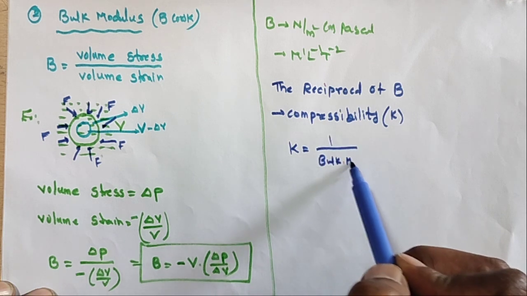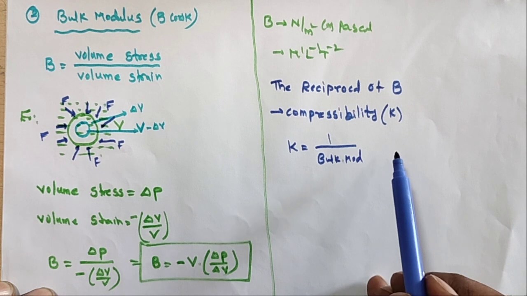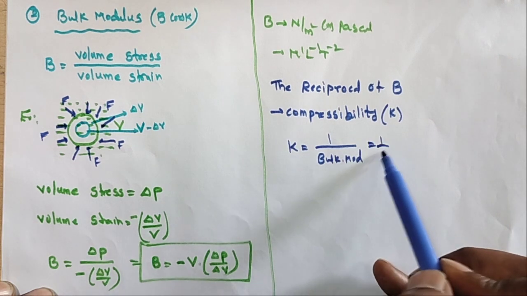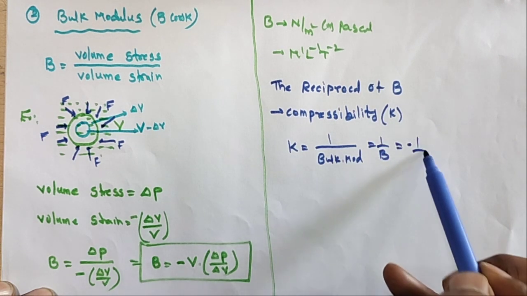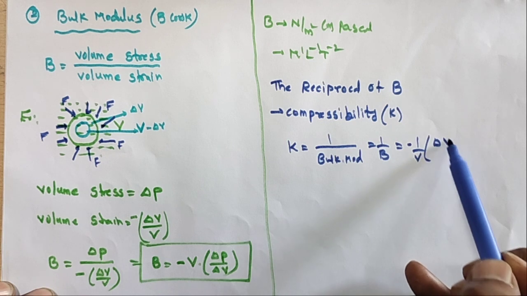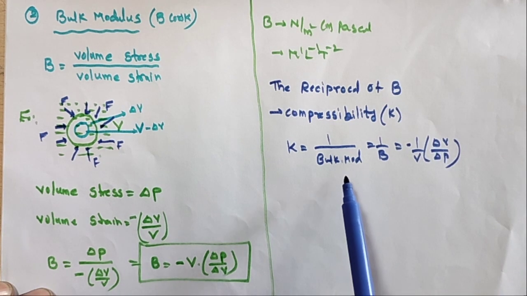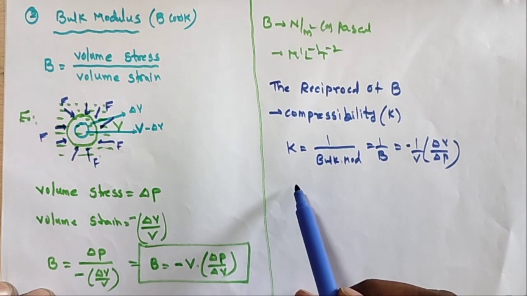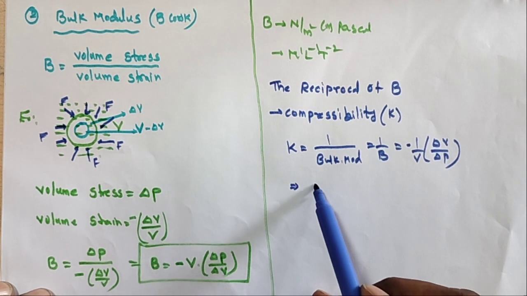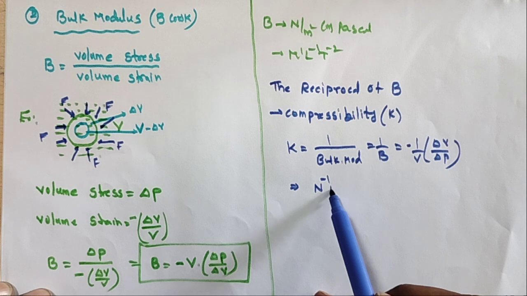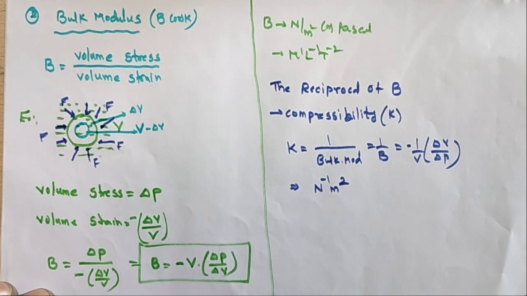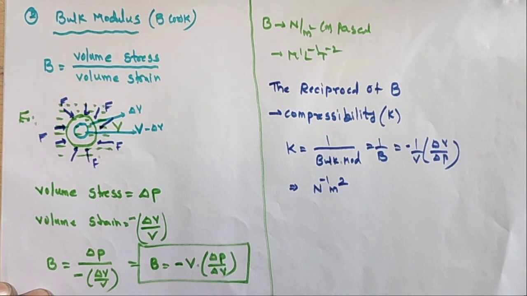Reciprocal means reverse, 1 by bulk modulus, so K is equal to minus 1 by V into delta V by delta P. In this one the dimensional formula will be reversed. So what are the units? Newton inverse meter square.